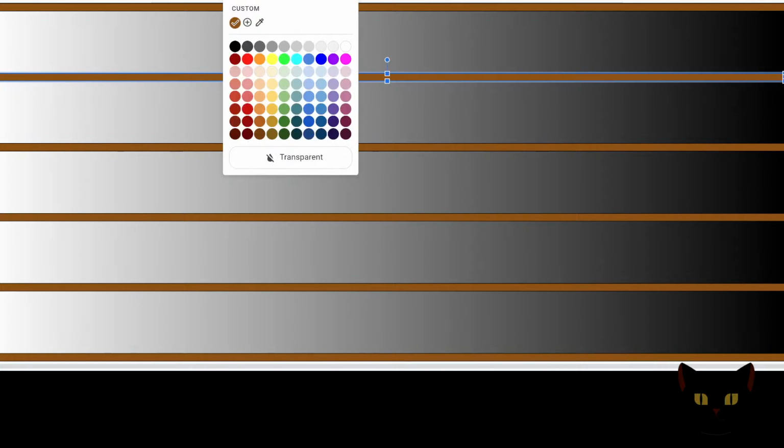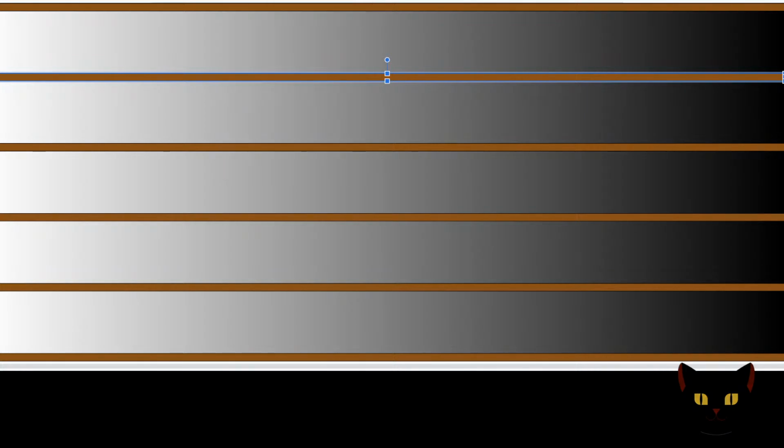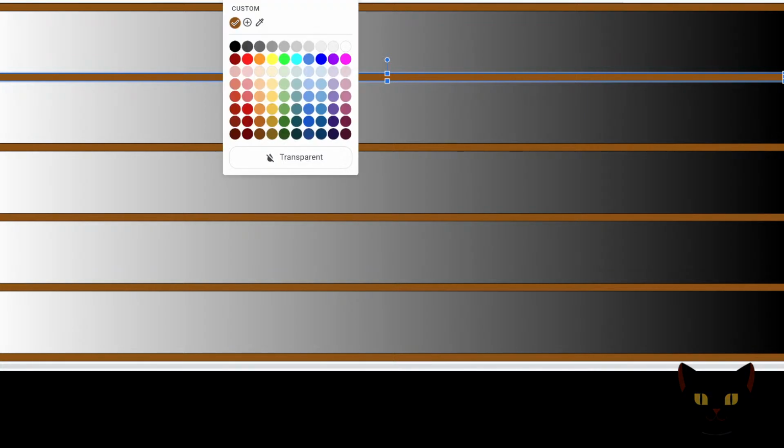Totally not, though. Right? Single fill color. Solid color. It's not a gradient. It's too dark yellow and green, huh?